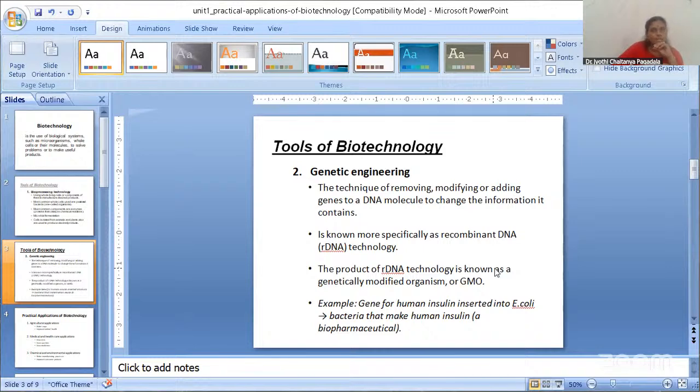In DNA extraction, all DNA from the desired organism is extracted. This genomic DNA is treated with specific enzymes called restriction endonucleases, or restriction enzymes.